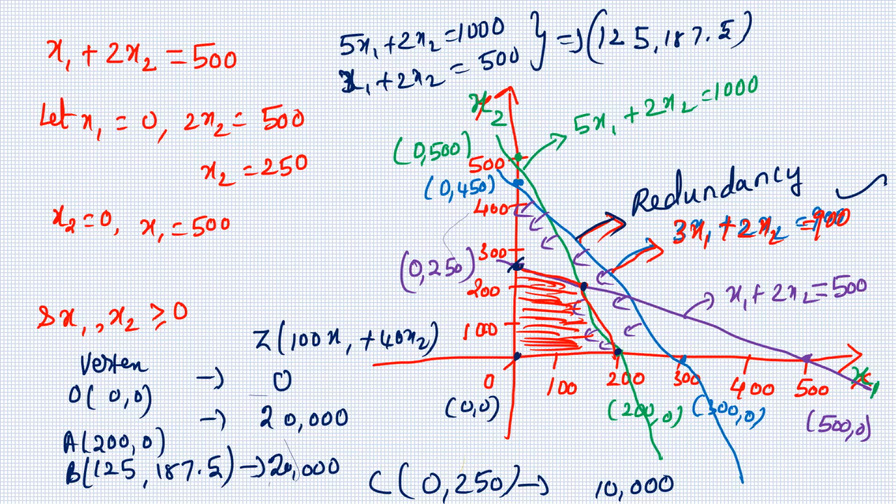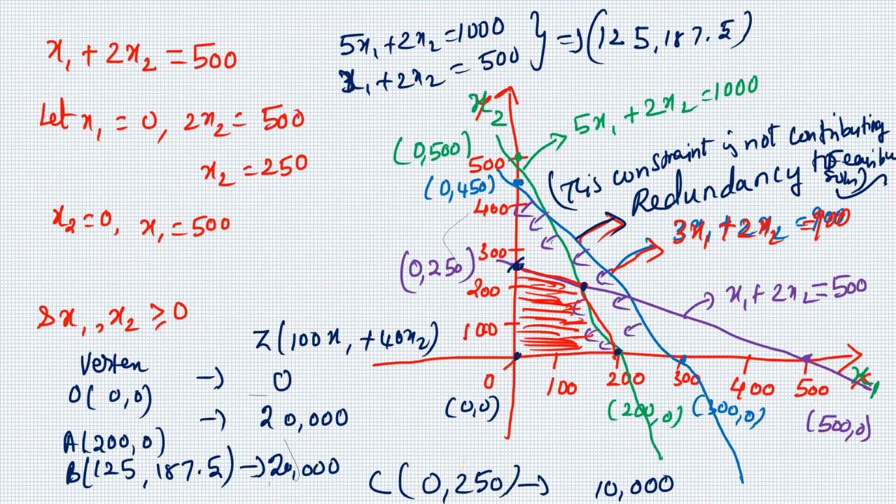But this constraint is not contributing to the feasible solution. That's why it is called a redundancy constraint.